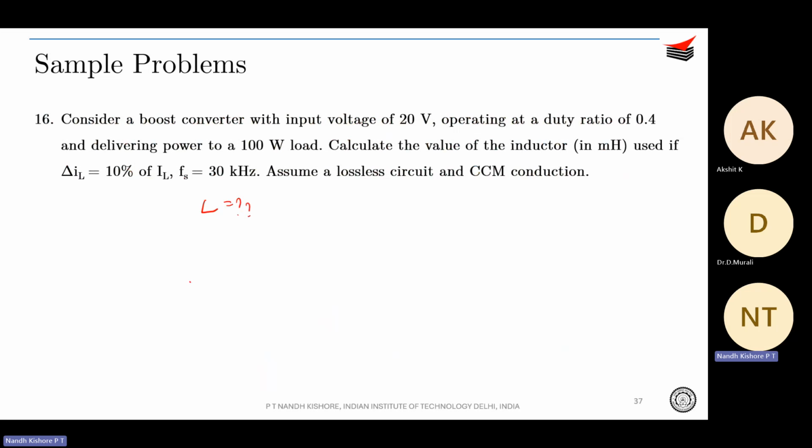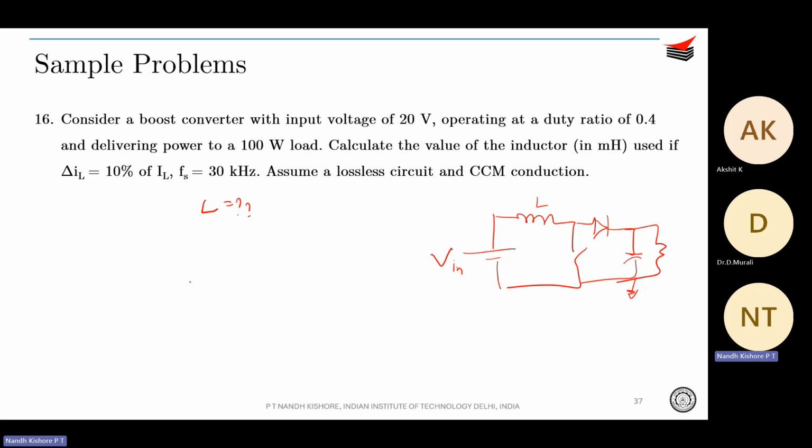So from the given, if I have to draw the boost converter again, this is your boost converter. You know what is your V in here.